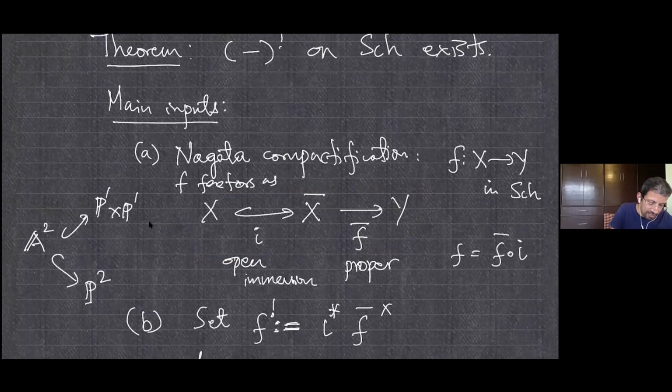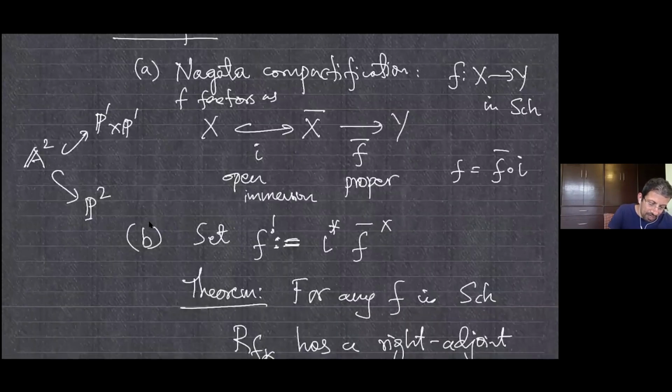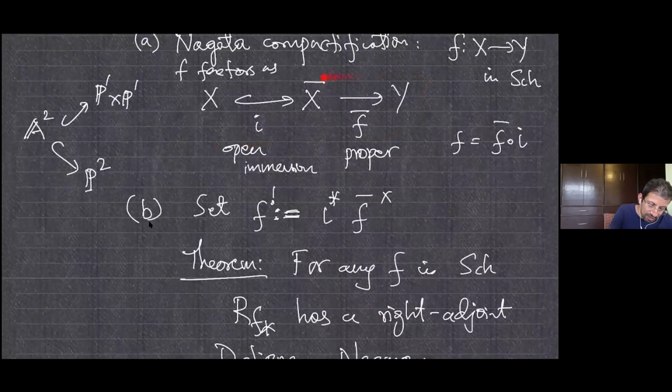In general, you have infinitely many compactifications. Here also you can start blowing up and do all sorts of things. So it's not at all obvious that this formula is unique up to isomorphism.